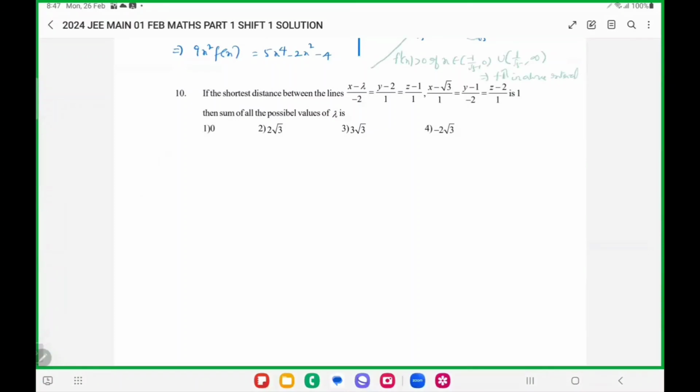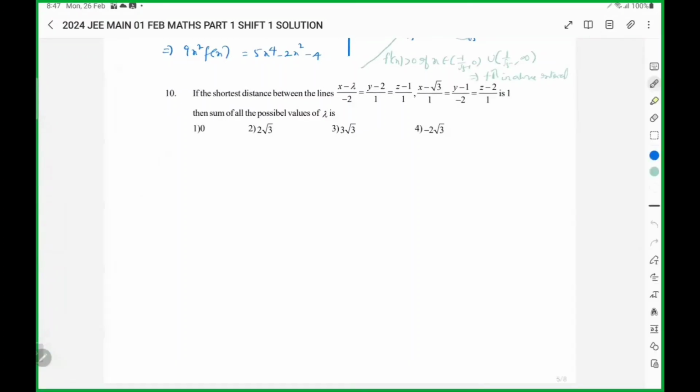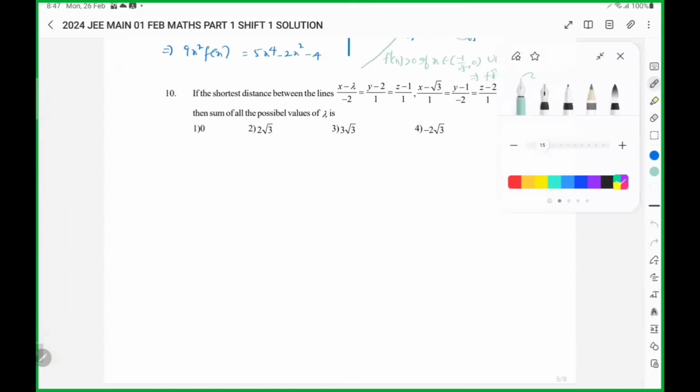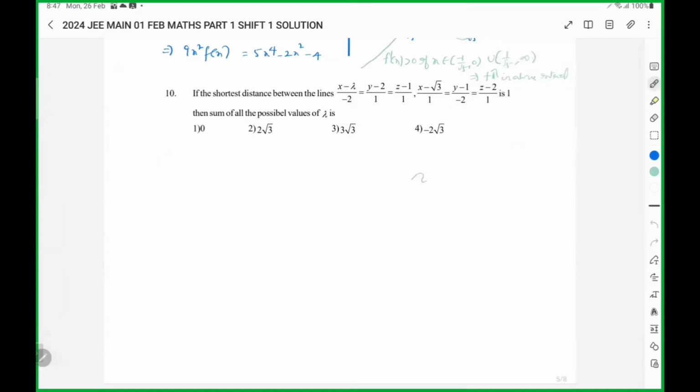Shortest distance between the lines. Here this is one line, here it is L1. Shortest distance is the perpendicular distance between the two lines.